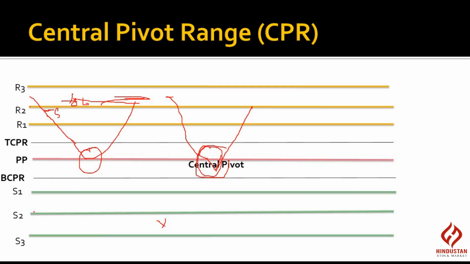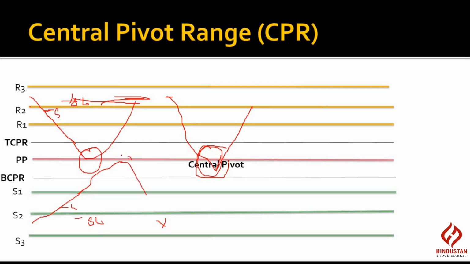On the other hand, the market opens somewhere around here and keeps going up, and you think the market looks bullish, right? So you have taken a long trade here and kept your stop loss somewhere around here, and once price comes near the CPR, there is a greater chance that it can reverse.